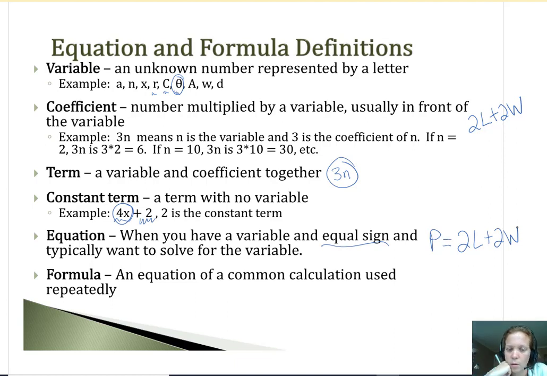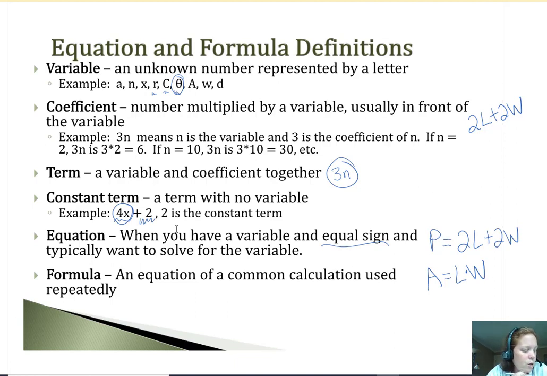One of the most common would be perimeter, or area being length times width, which we've used before: A equals LW, or L times W. Same thing if I have two variables right next to each other, it means multiplication between them. So that's some of the lingo we're going to use.